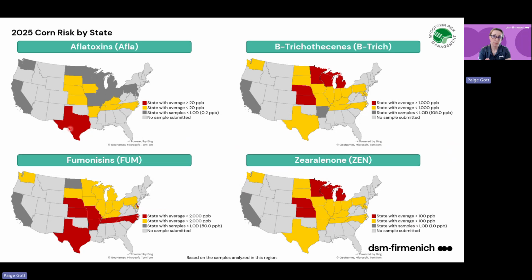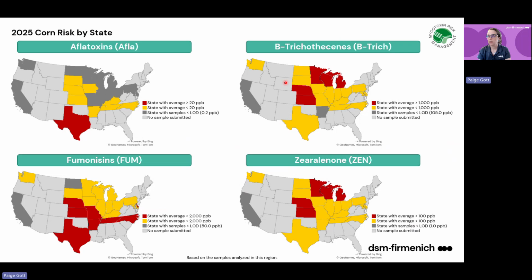It has the number of samples from each state, the percent of samples positive for the respective mycotoxin, and then that average concentration is broken down by state in the table. In the interest of time, I didn't include all of the maps and all of the information, but there is, again, additional detail in the full report.